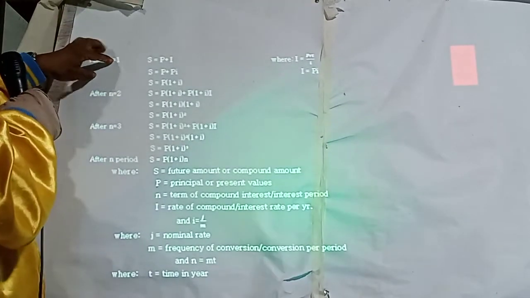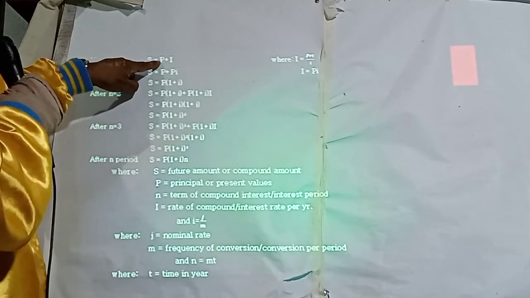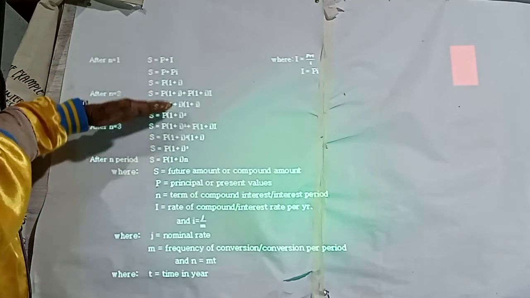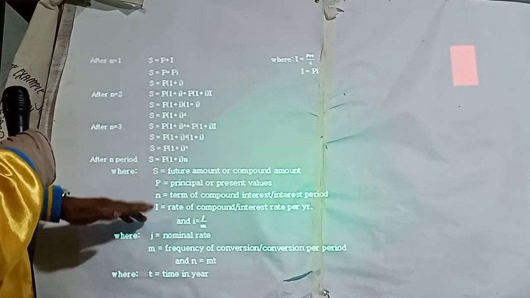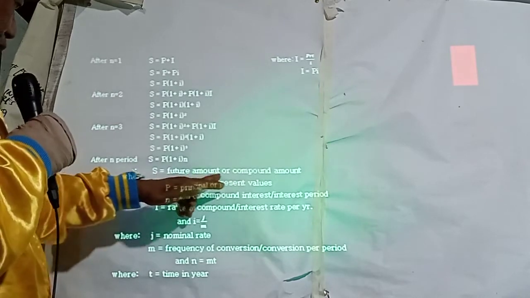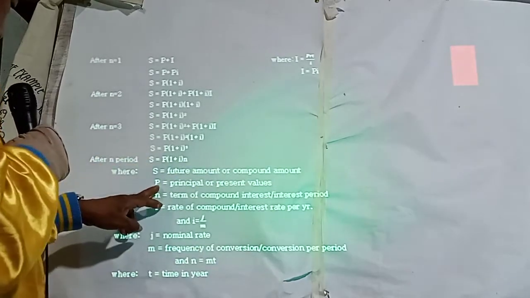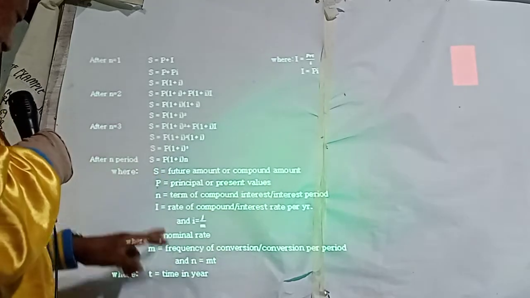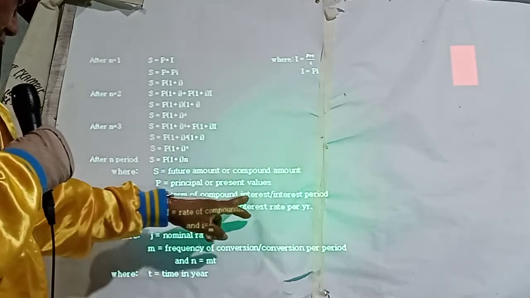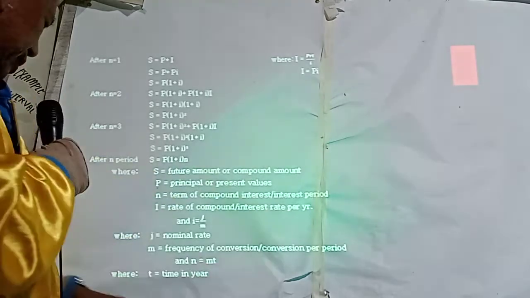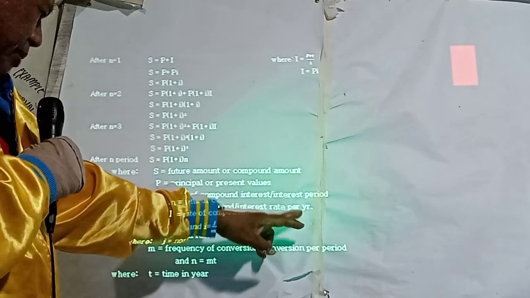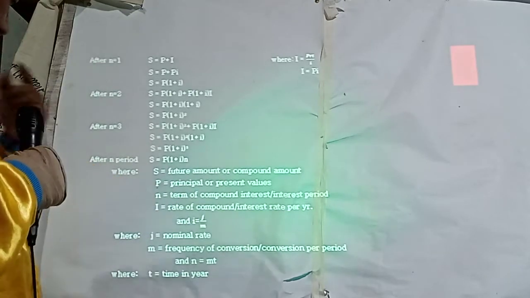After n is 1, so future amount, principal plus interest. So these are now the equation. S, the future amount or compound amount. P, still, principal or present value. M, term of compound interest, interest period. I, rate of compound interest, rate per year, and so forth.